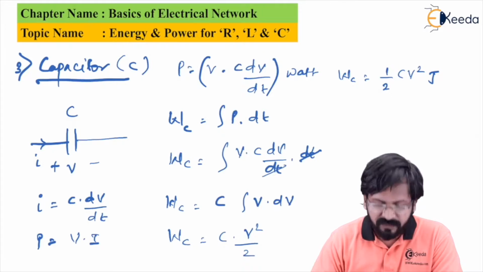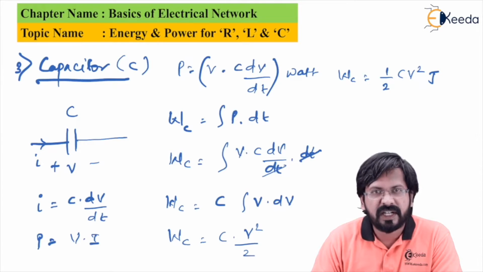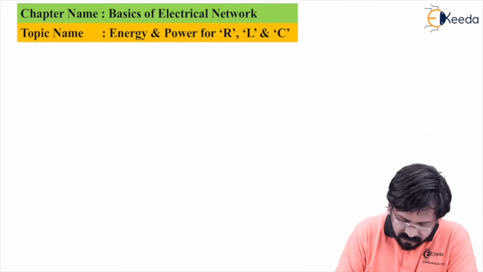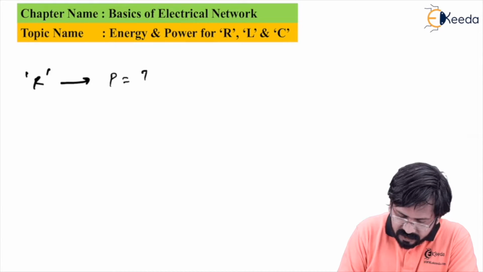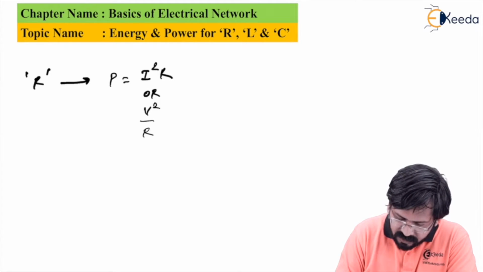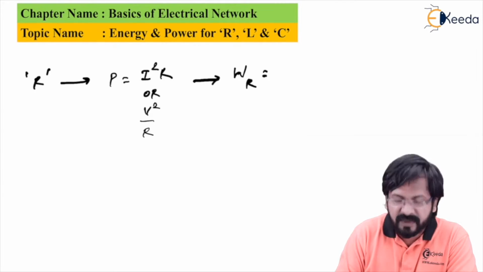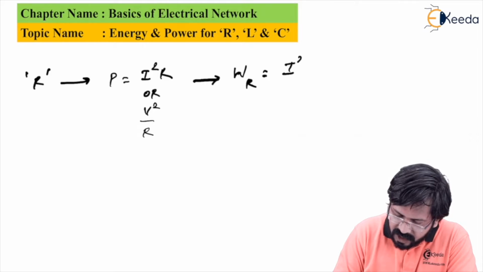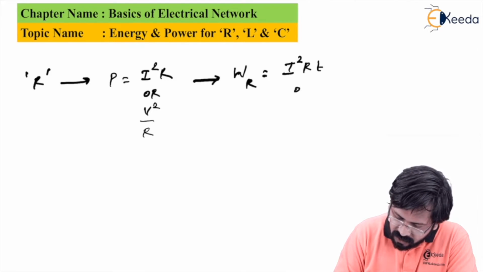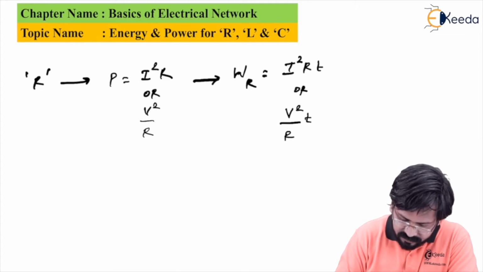Since you have understood it for resistor, inductor and capacitor, let us summarize them once again. For resistor R, power is given as I square R or V square by R relation, unit will be watt, for which energy associated, that is WR, is either I square R t or V square by R times t. The unit is joules.